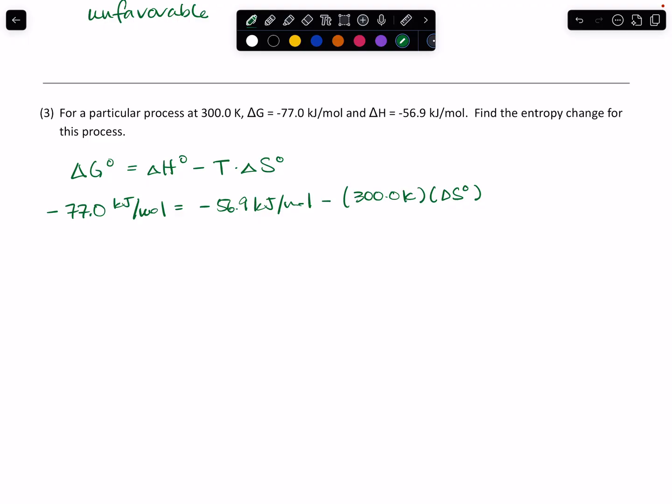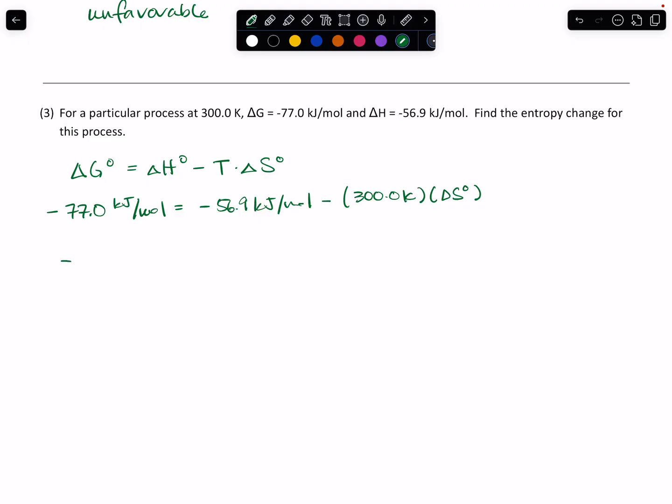So we're going to move the enthalpy over to the other side. Oh, I just see on my answer key I did it wrong. So we'll try it again. We're going to move that where we have negative 77 minus negative 56.9.